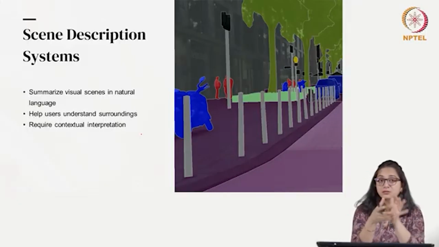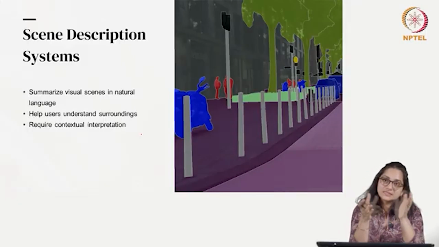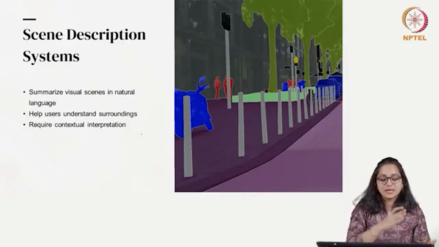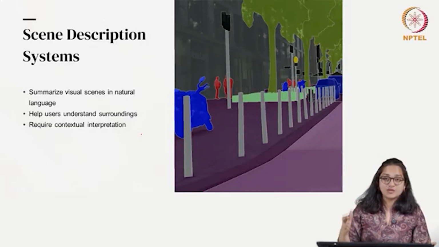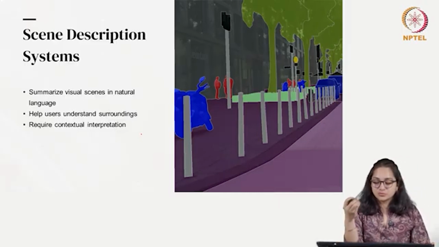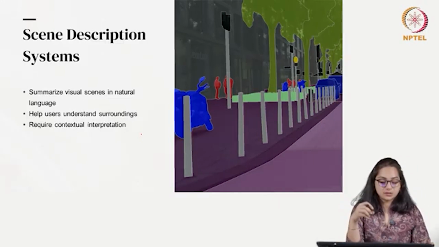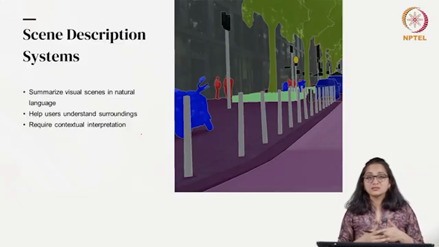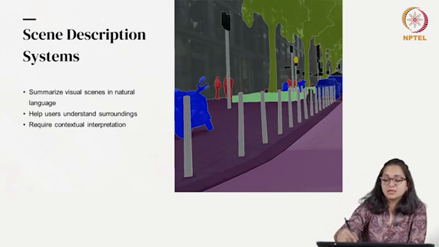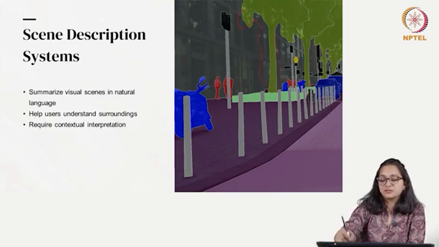So the third core competency was screen description systems. And what they do is they summarize visual scenes in natural language, right? So it helps users to understand the surroundings, and it may require some contextual interpretation. So if there is a scene, it is able to draw boundaries and tell you, okay, this is a tree, this is a bike, these are some poles, and these are humans.